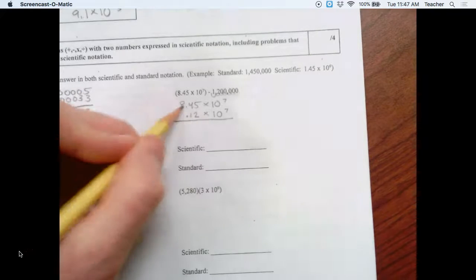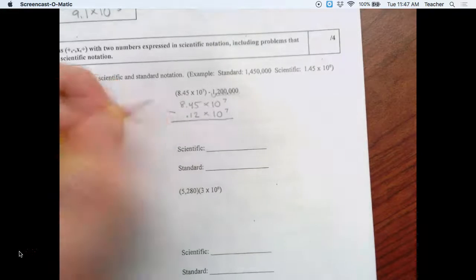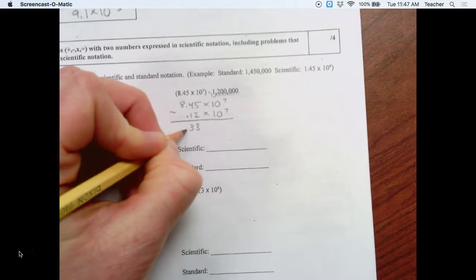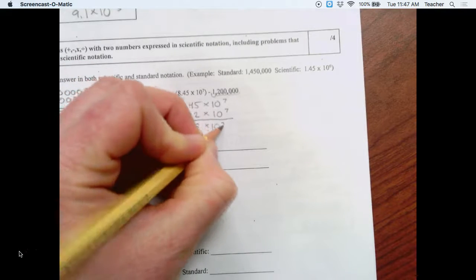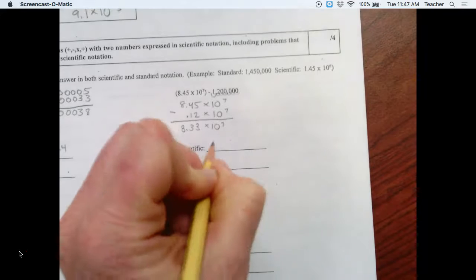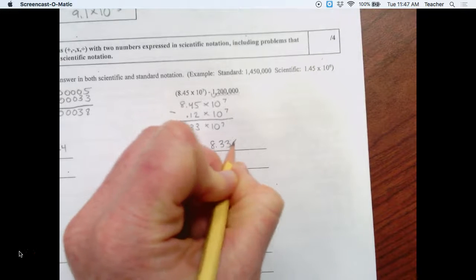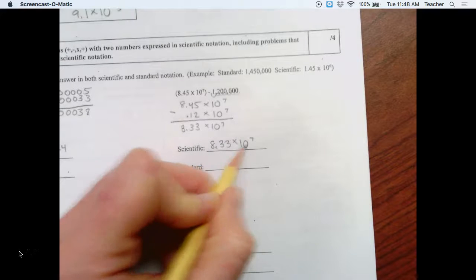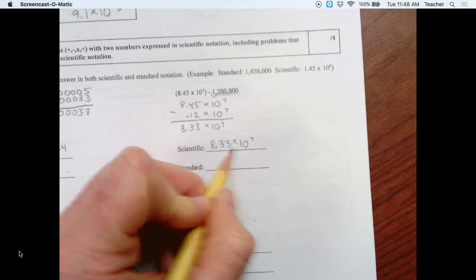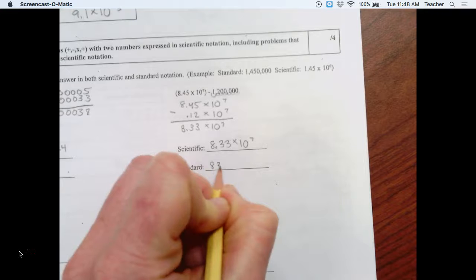So this stays the same, we just need to subtract these. 8.33 times 10 to the 7th. And then standard notation, I need to move this decimal 7 places. So 1, 2, and then 5 zeros. 2.